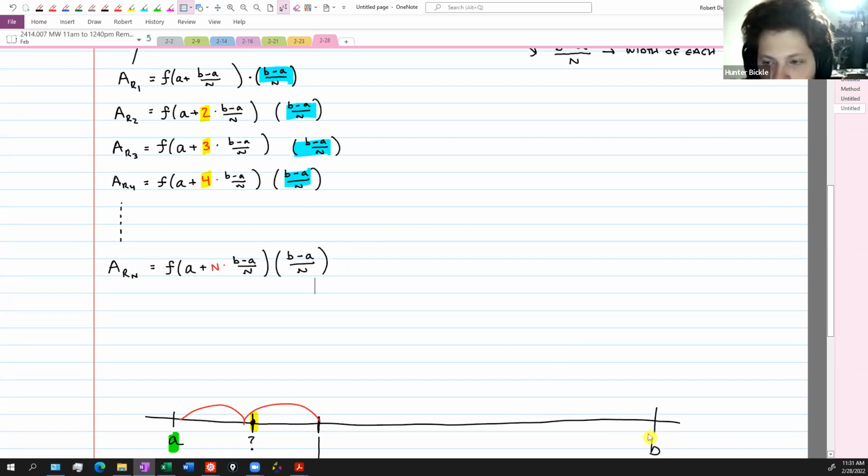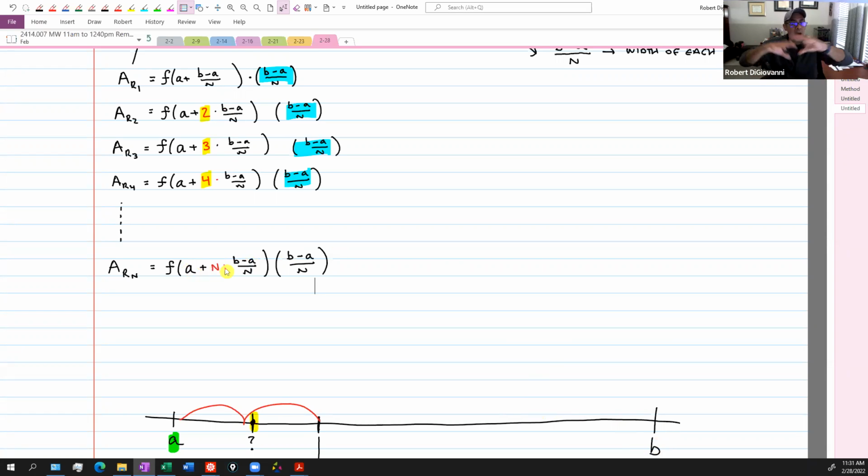X should be at B, yeah. We should be at B, shouldn't we? And do you see that if you cancel these N's, it all cancels out, so you have A plus B minus A, and that just gives you B. So we are at the right endpoint. We are at F of B. Okay. Y'all good? Do y'all understand this?